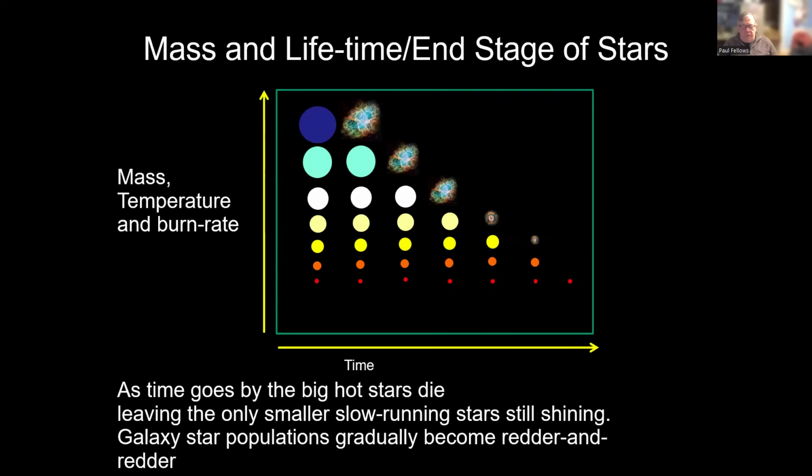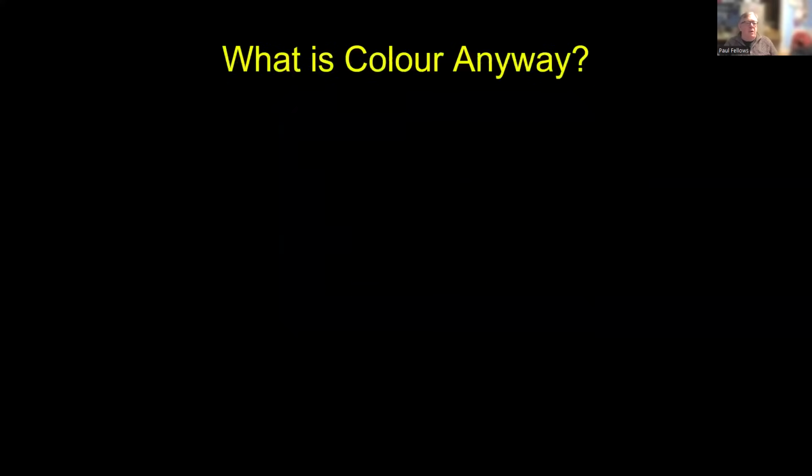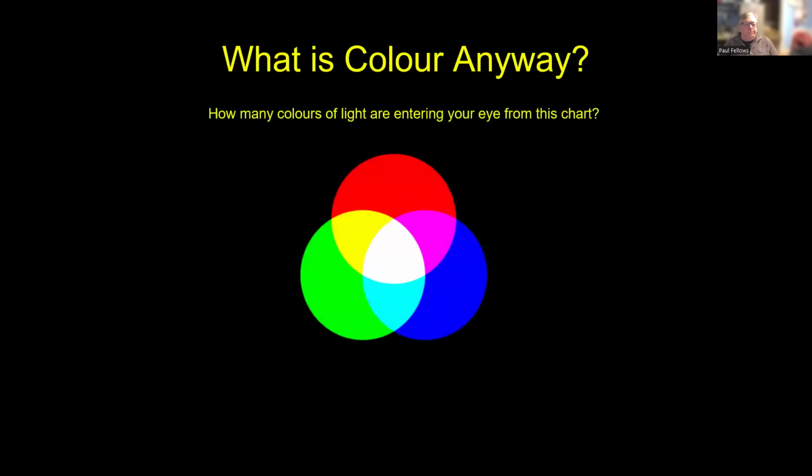However, what we should really have a look at is what are we talking about with this word colour? What is it anyway? Well, colour is an artifact of the brain, in fact. It's not actually just a measure of the wavelength of the light, the frequency, the energy of the light. If I plot a diagram here, I've got three circles overlapping, red, green, and blue, and there are, in fact, only three colours entering your eye from the screen at the moment: red, green, and blue.